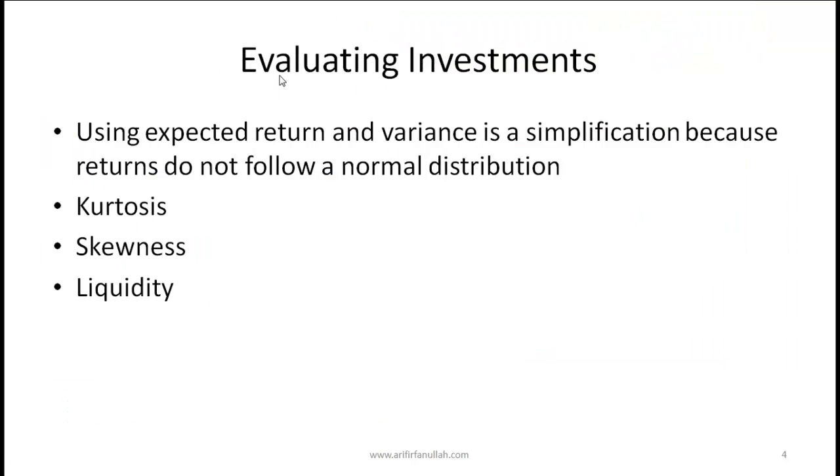This is another general slide talking about evaluating investments. So using expected return and variance is a simplification because returns do not follow a normal distribution. The point here is that in most of portfolio management we make an assumption that investment returns follow a normal distribution, which means that for every investment we assume a certain expected return and a certain standard deviation, and we assume that the returns are normally distributed.